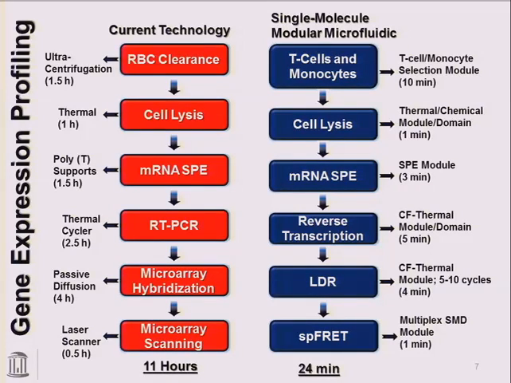So what we're doing is, the front end of this is actually quite similar to what you saw for Claudia. Cell lysis, doing a solid phase extraction, reverse transcription. In this case, we need to convert the messenger RNAs, the transcripts, into cDNAs that we can do the analysis on. And then we're doing what's called a ligase detection reaction, and I'll show you that on the back end of my talk. The other thing that we're doing is digital counting instead of analog counting.